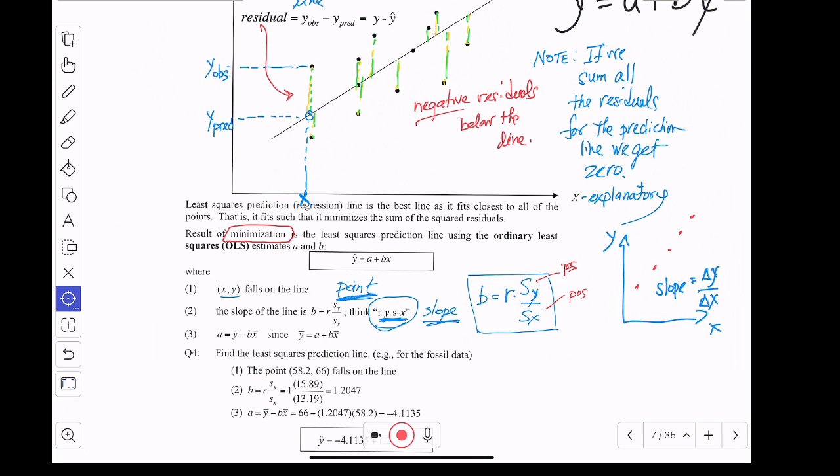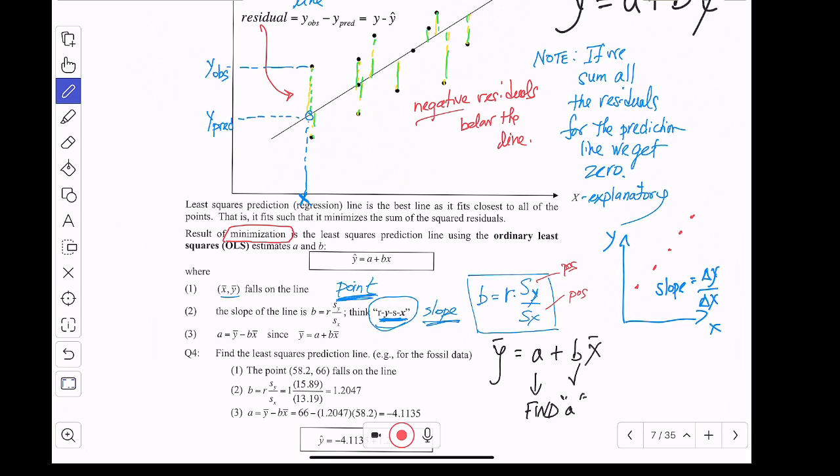And finally, I have a point and a slope, so I can calculate the y-intercept by plugging into the regular mathematical formula. I have this, and then I could use x bar, y bar, so then I would find A. That's the third point. Find the y-intercept.